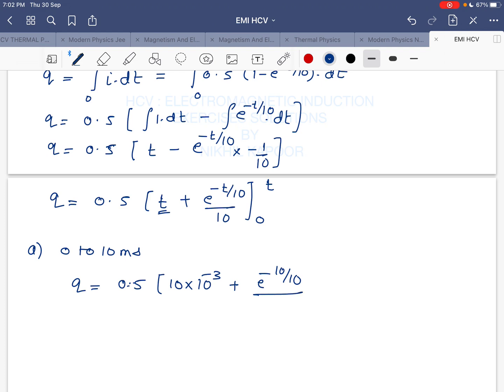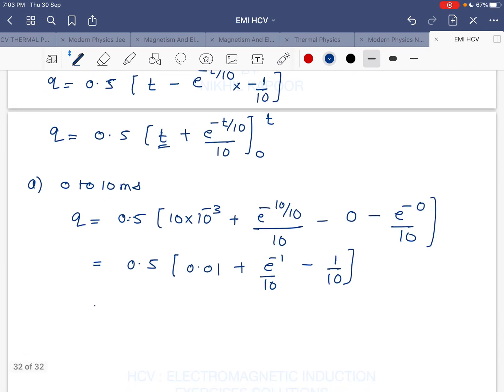No need to convert because it's a pure ratio, upon 10, minus the lower limit. If I put t as 0, minus plus becomes minus, e raised to minus 0, that is 0 upon 10. So it will be 0.5 in bracket 10 into 10 to the power minus 3. So it will be 0.01 plus e raised to minus 1 upon 10, minus anything raised to 0 is 1, so e raised to 0 will be 1 upon 10.